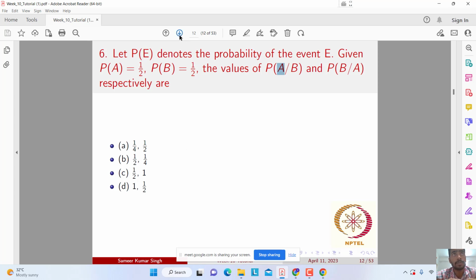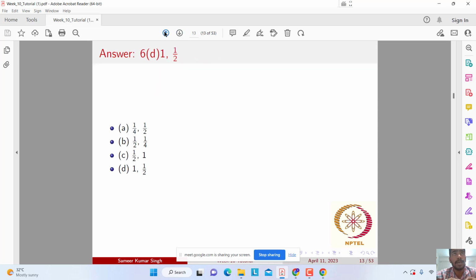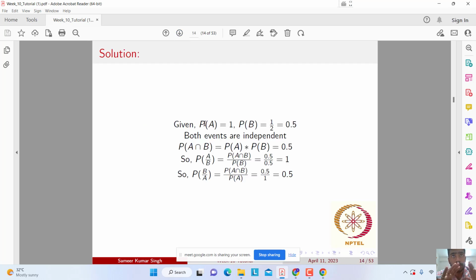Okay, we will go to the solution. Answer will be 1/2 and 1/2 because we consider the probability of A and B is the same. But then in the solution we consider the probability of A is 1 and probability of B is 1/2. Then we have to calculate the probability of A whenever we have the probability of B. So we consider both events are independent. So we can write the intersection of A and B, that will be multiplication of 1 and 0.5, that will be 0.5.